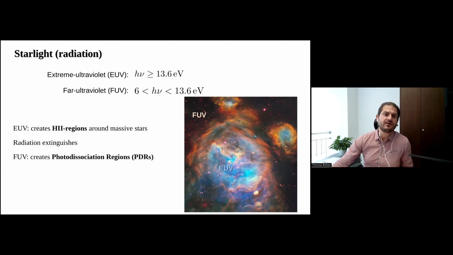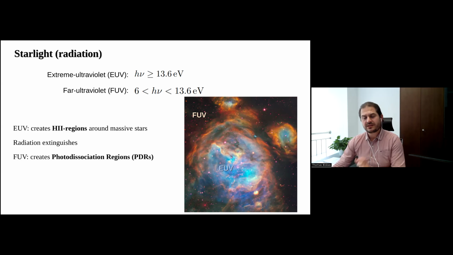The extreme ultraviolet, the EUV, is when we have photons of more than 13.6 electron volts in energy, which means that they ionize hydrogen. And the FUV photons, the far ultraviolet, are between 6 and 13.6 electron volts. This is actually the part of the energy range that we will focus on.